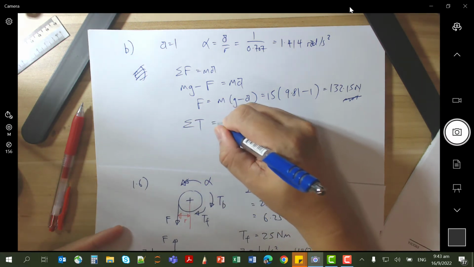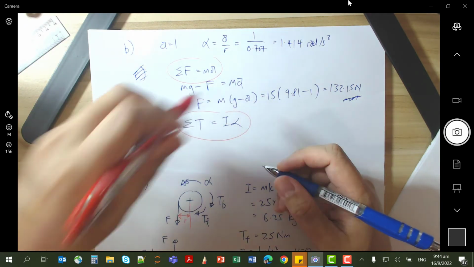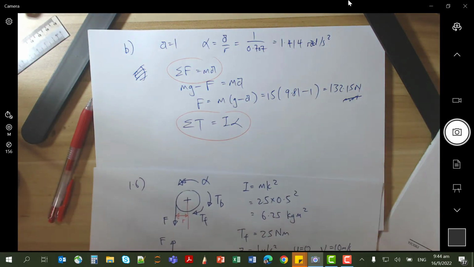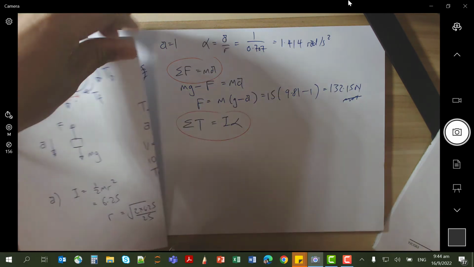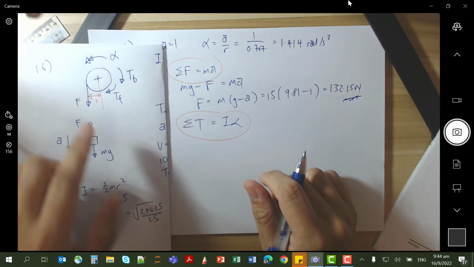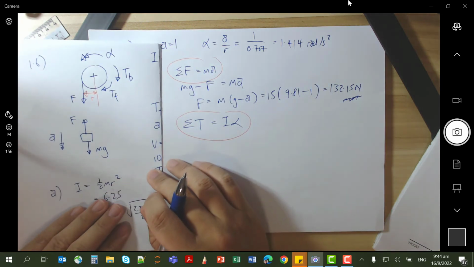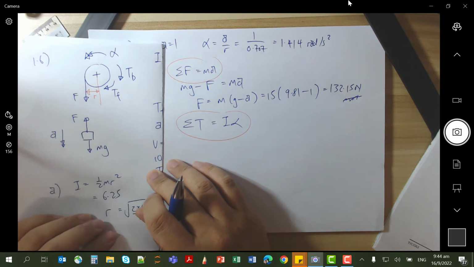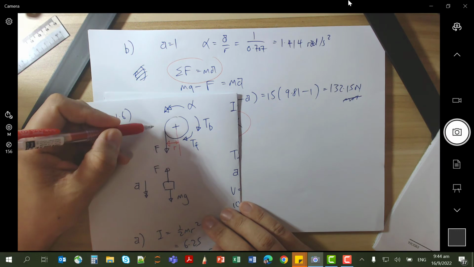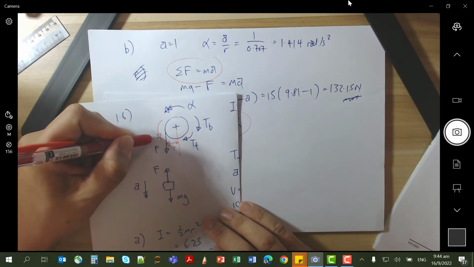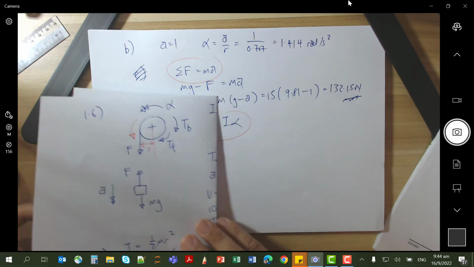Sum of torque is equal to I alpha. So the first one, then you look at the second one. Sum of torques. Alpha is anti-clockwise, so the only anti-clockwise torque or moment is from the tension, because it will cause this direction moment, by multiplying tension by radius.